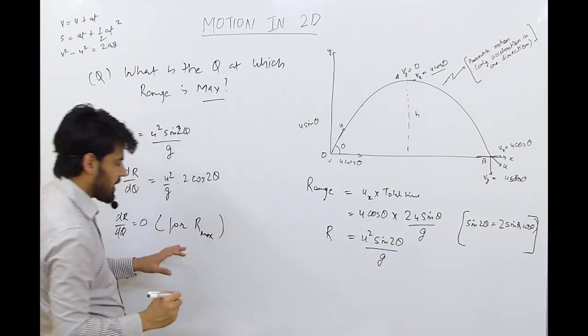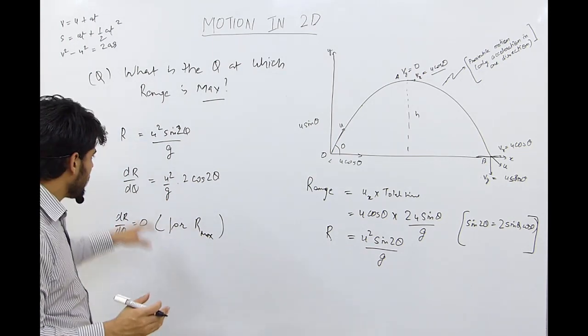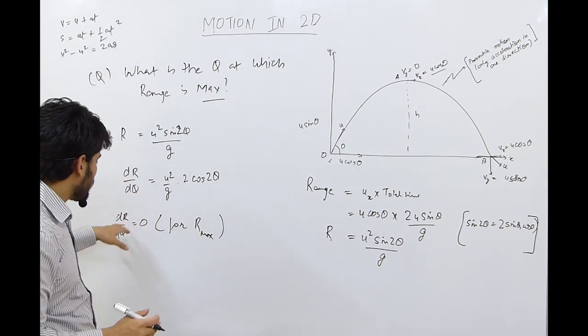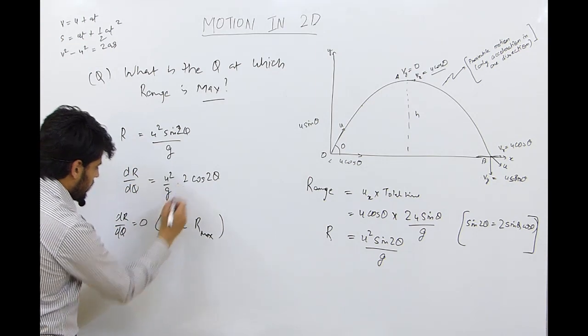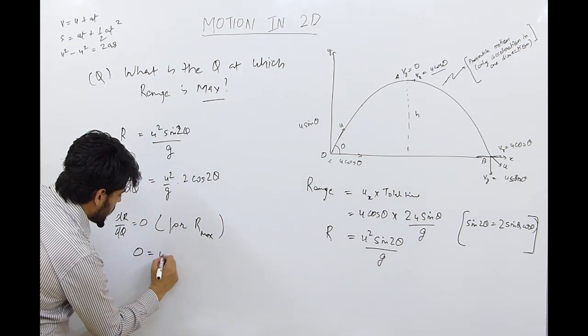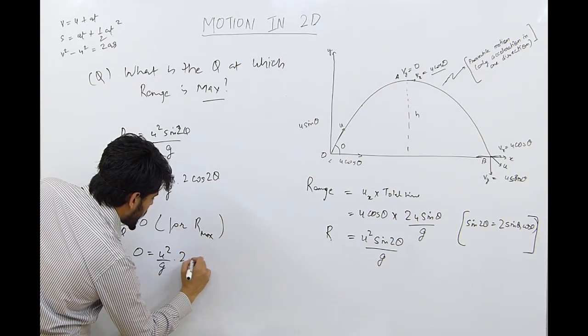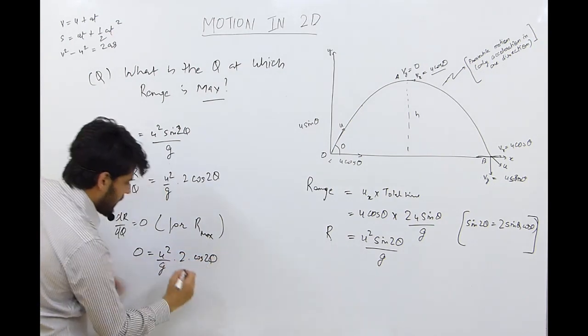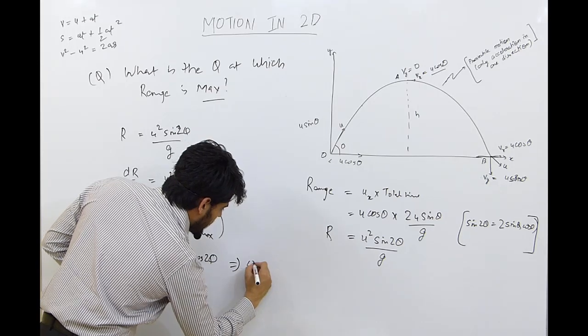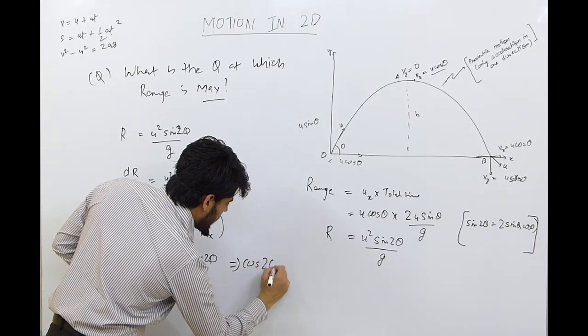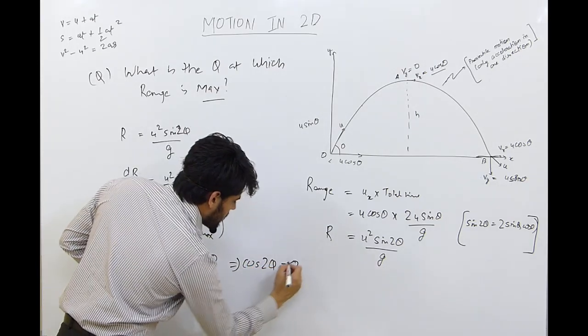To calculate the maximum of any variable, we just have to differentiate it and put it equal to 0. So here 0 is equal to u square by g into 2 cos 2 theta. From this equation we reach the solution cos 2 theta is equal to 0.